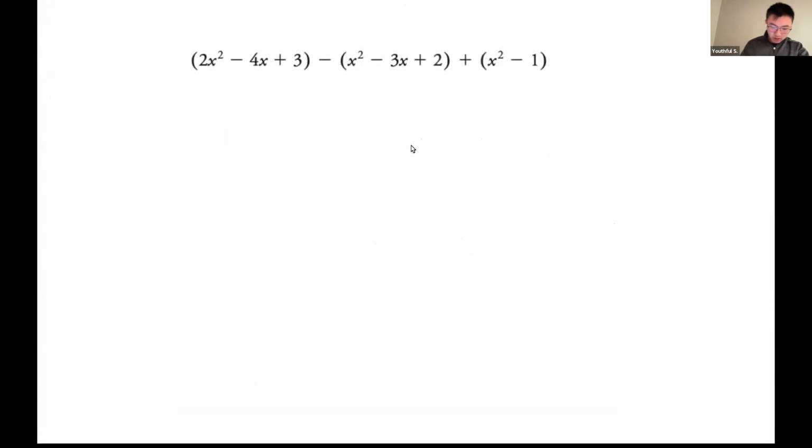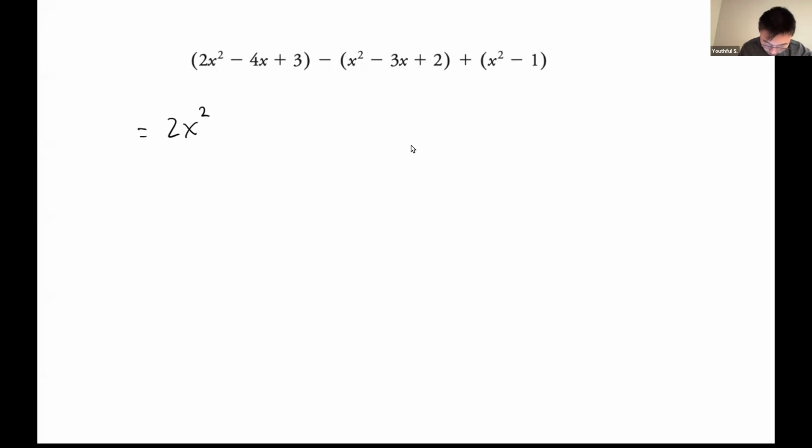Okay, so here's another quick example. We have addition and subtraction here. Same thing, you want to just combine the like terms. The x squares go with the x squares, so let's start with that. 2x squared minus x squared plus x squared is just going to be 2x squared.